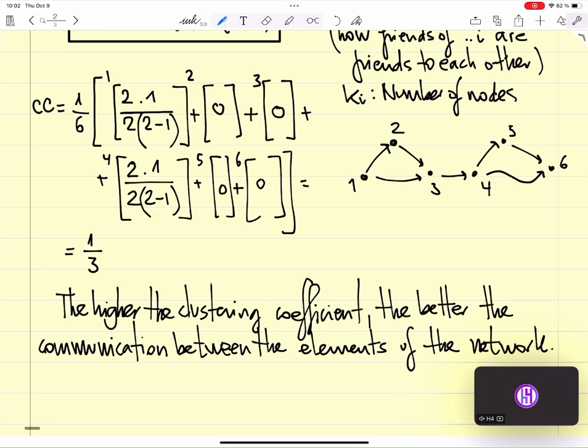Okay? Why? Because the better they are communicating in little groups. Imagine you will have a department of people and you want them to exchange information so that everybody knows the same things. So you want a high clustering coefficient in your group, right? So the higher the clustering coefficient of a network, the better the information will be spread.